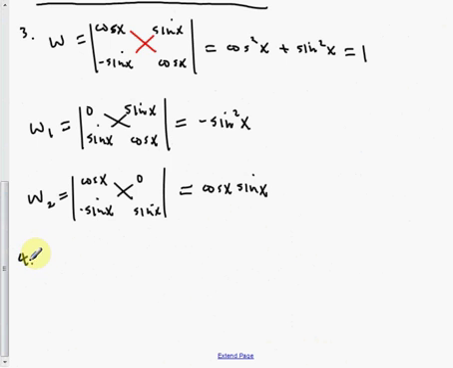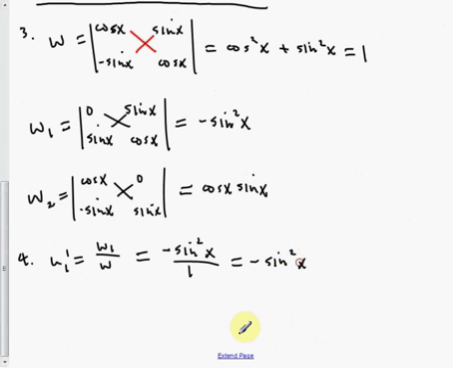Step number 4 says here that u sub 1 prime is equal to W sub 1 divided by W. So W sub 1 is negative sine squared x divided by 1, and that's just negative sine squared x.